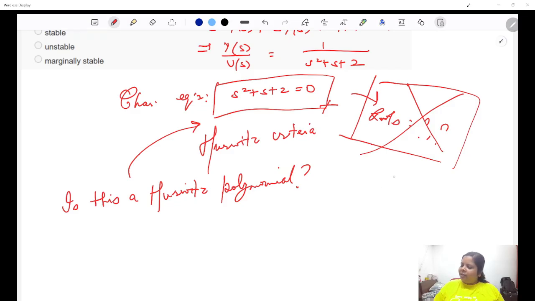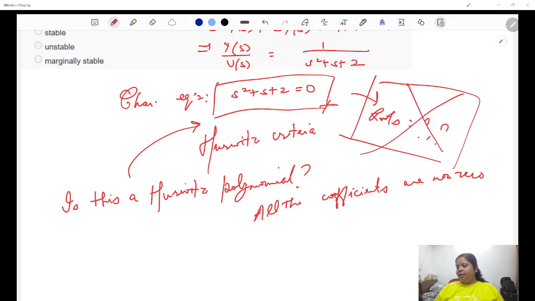So if there were an equation s square plus 2, it would not have been Hurwitz. Okay, that is why. So the first condition is all the coefficients in this case are non-zero. The second condition is all of the coefficients have the same sign.